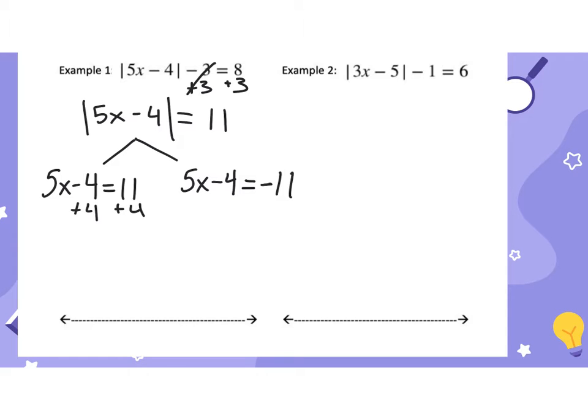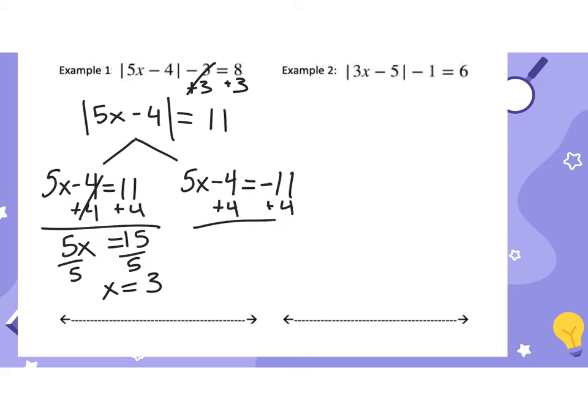So I'm going to add 4 on both sides. 11 plus 4 is 15 equals 5x. Last step is just to divide, and I end up with x equals 3. Same thing over here. Negative 11 plus 4 is negative 7. Divide by 5, and I end up with negative 7/5. Just going to leave it as a fraction.